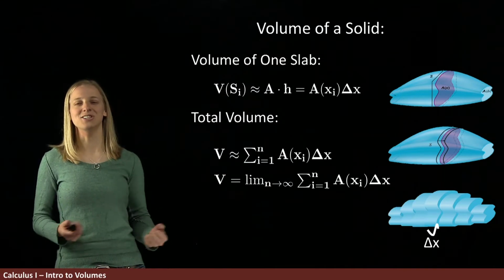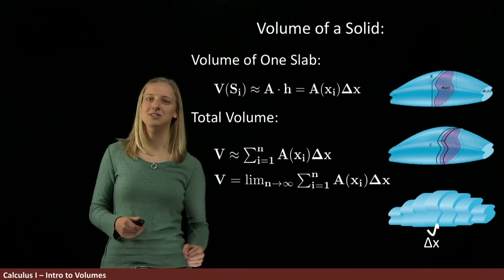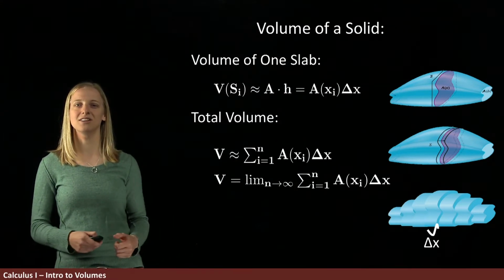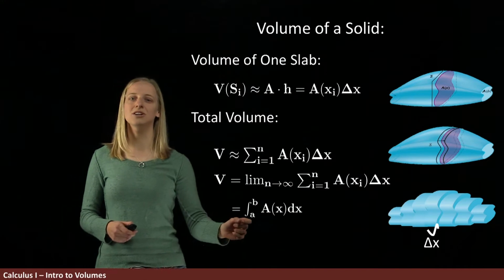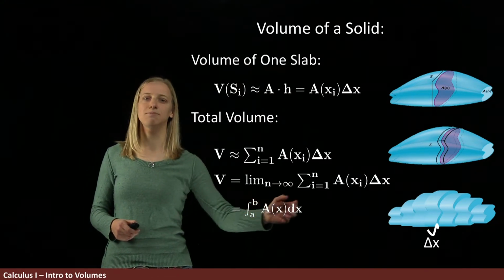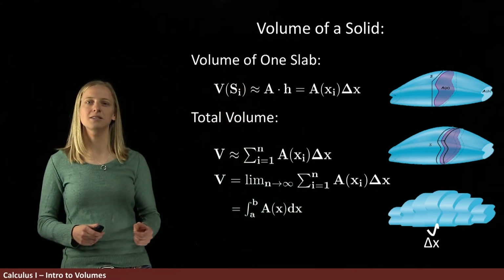As you've learned, mathematicians are lazy, so we don't want to have to write this every single time. We have this fancy way of writing it, which is called the integral. So we have the integral from a to b, where a and b represent the bounds between which that solid lies.